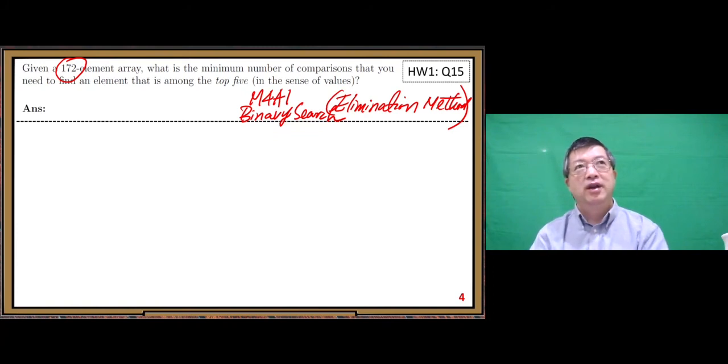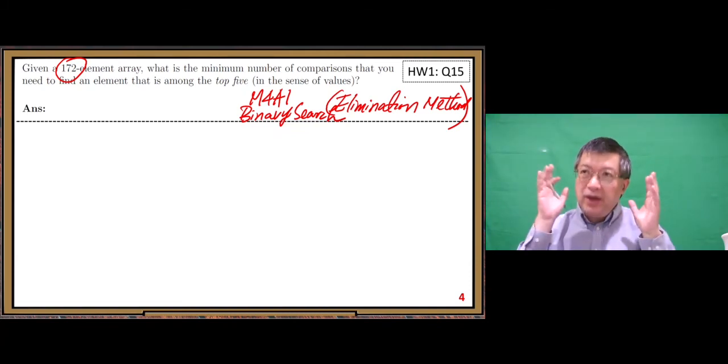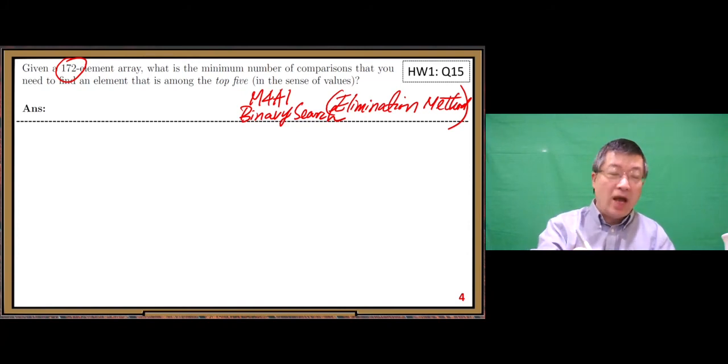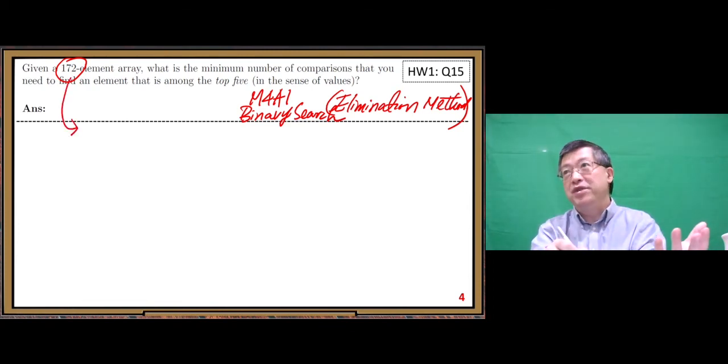If you are still in that mentality, you feel that number is important because you need to plug it in. But in our logical thinking, that number is not really important, so we can replace it by a smaller number.